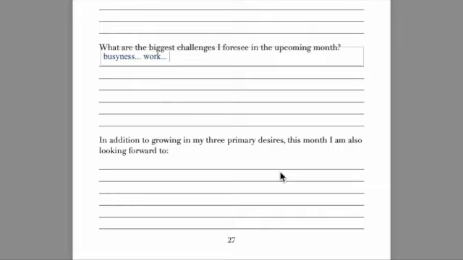And if you're doing this during prayer time, to really be sharing all of this with God, to take some time to share with God things that you're looking forward to in the upcoming month. All of this will help to preload your heart's deepest, most authentic desires for the upcoming month.